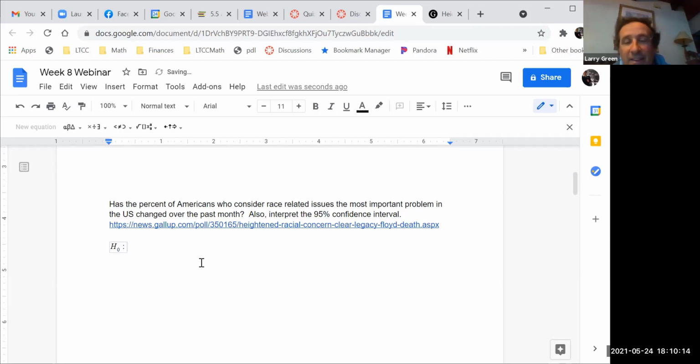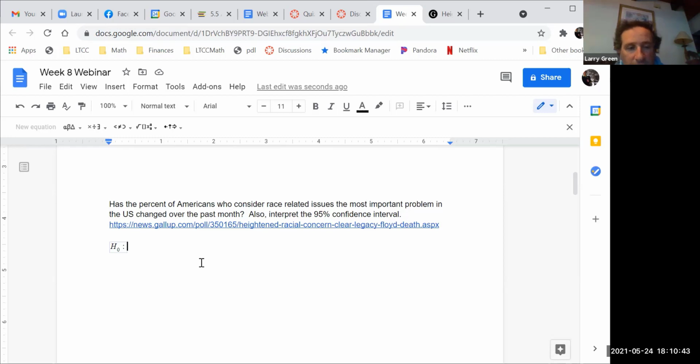Okay, so far nothing's changed, right? But here's what's going to be new. What we're doing is we're comparing last month's proportion to this month's proportion. Whereas before we wanted to see if what we have now is equal to some population that we know about, we don't know either last month or this month. We only have a sample.